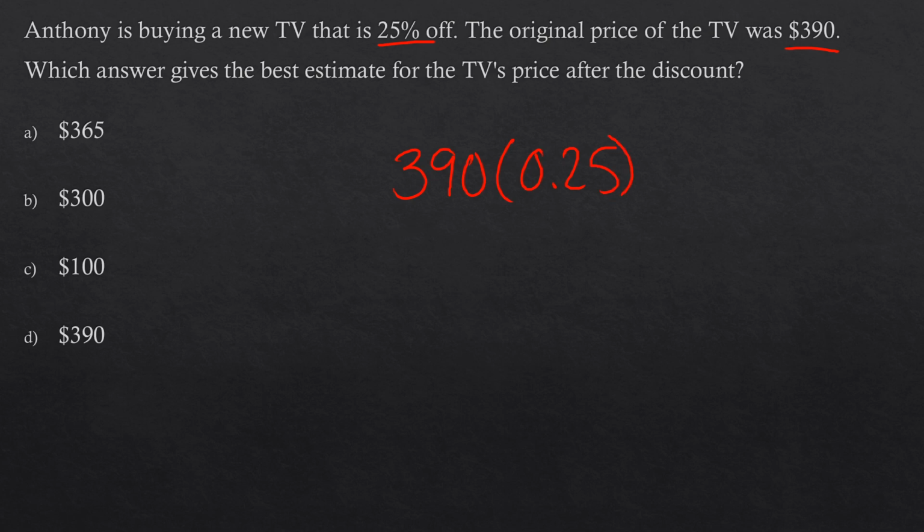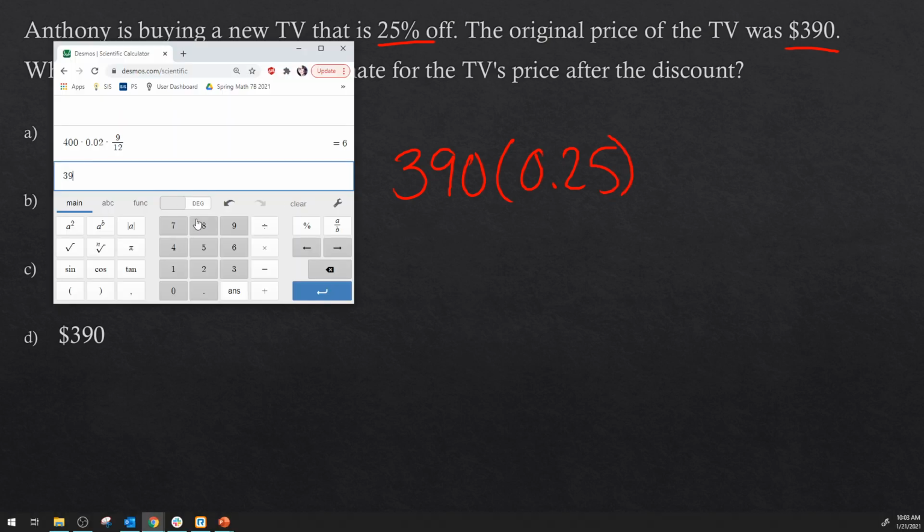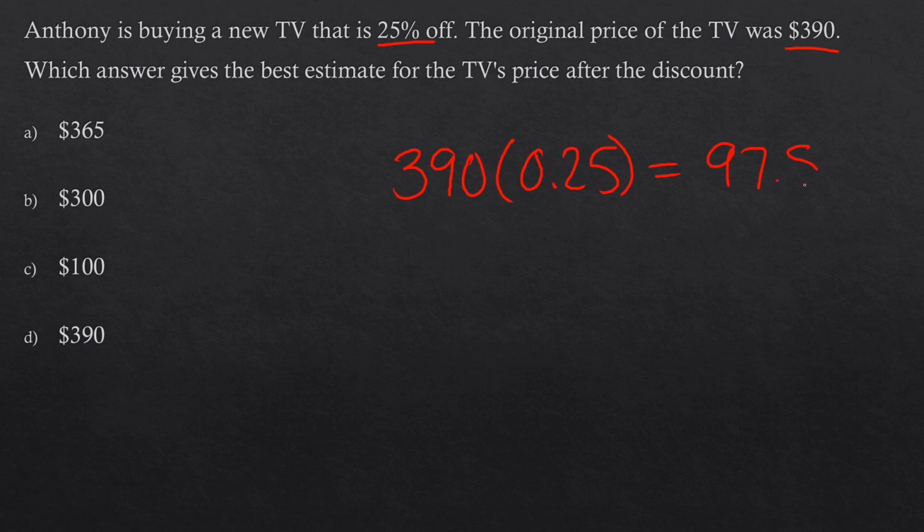Bring back our calculator. 390 times 0.25. That gives me $97.50. This is how much money is being taken off. So to figure out how much you would pay for the TV, I need to take the original price and subtract the discount.